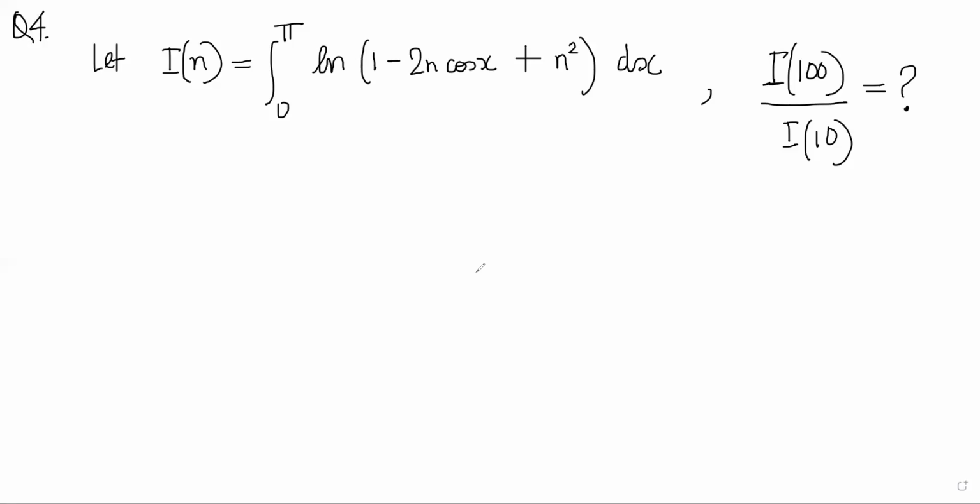First thing that you should do is use the a plus b minus x property. I of n will be equal to the integral from 0 to pi of ln f of pi minus x.